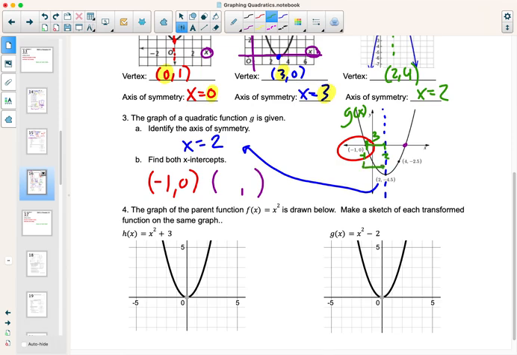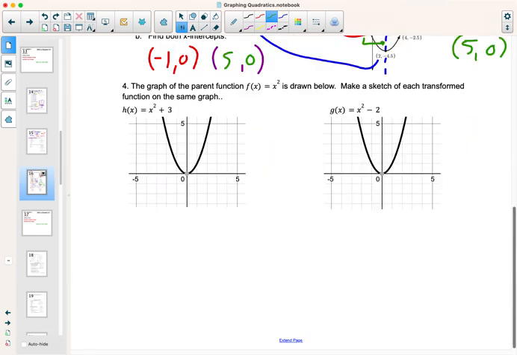It's 3. So if that's 3, that means this has to be 3. So how far is it? Well, it's the 2 plus the 3. That's at 5, the x value of 5. And of course, 0, up and down 0. So 5, 0. That's how you figure it out. Okay, this thing is symmetrical. We can use that to our advantage to find things.